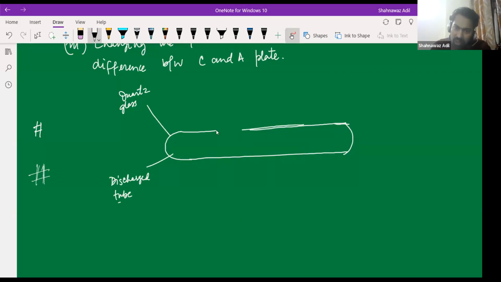Then we keep this part open, and light can enter from here. Let's say this is the source, let's say the sun, and light is entering from this part. Now we want to catch this light on some surface, because the photoelectric effect is light falling on some surface.